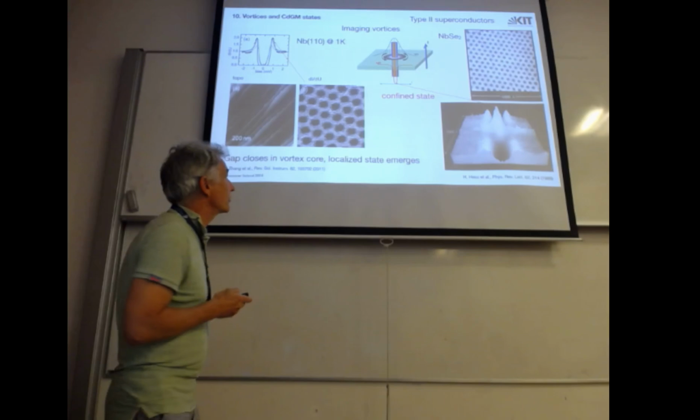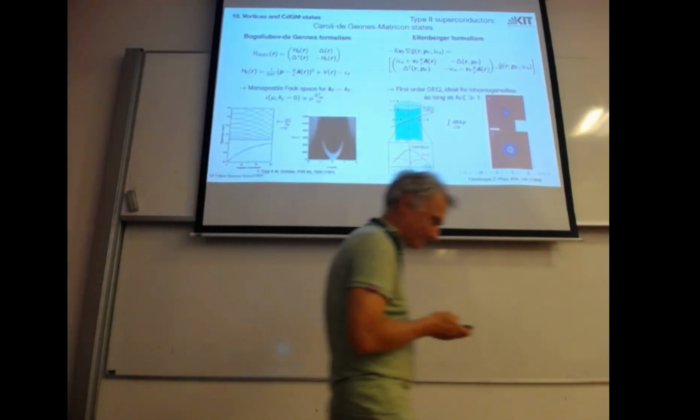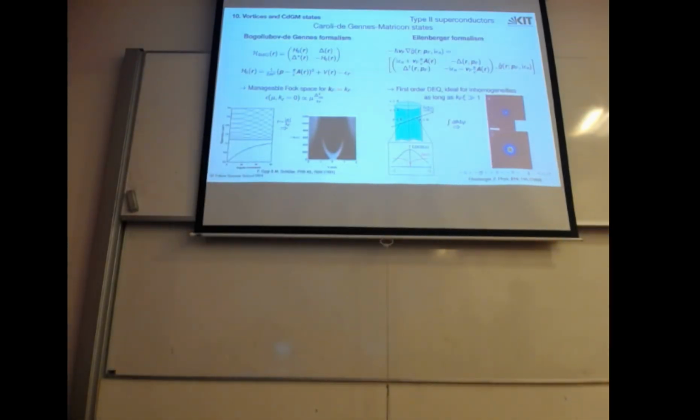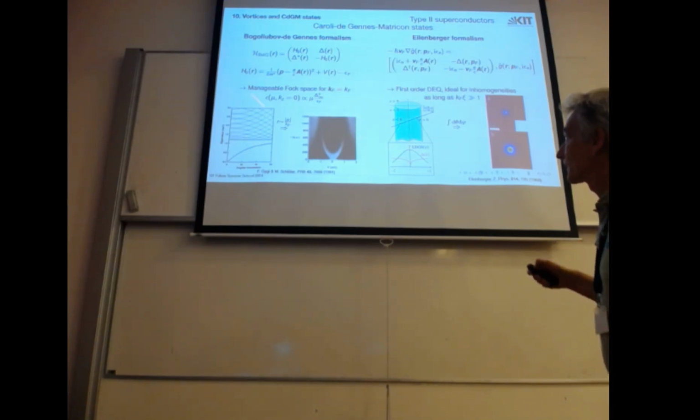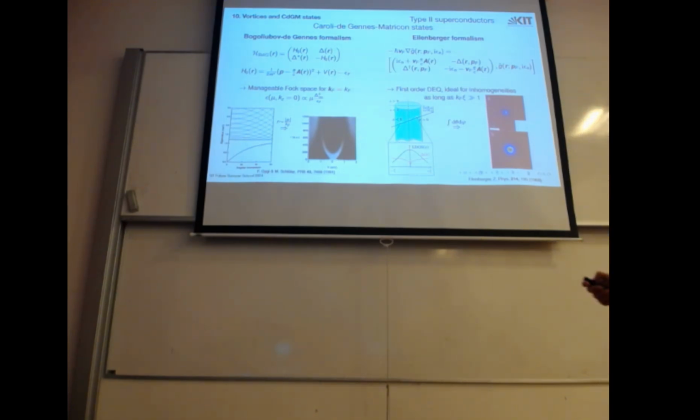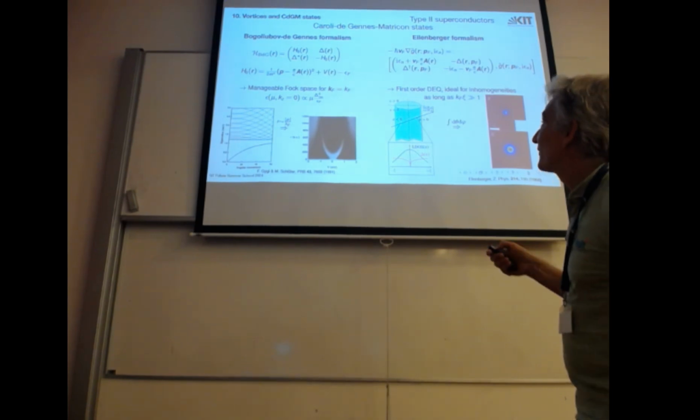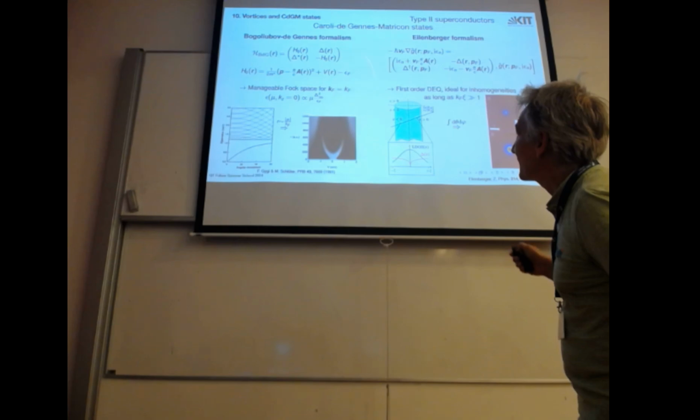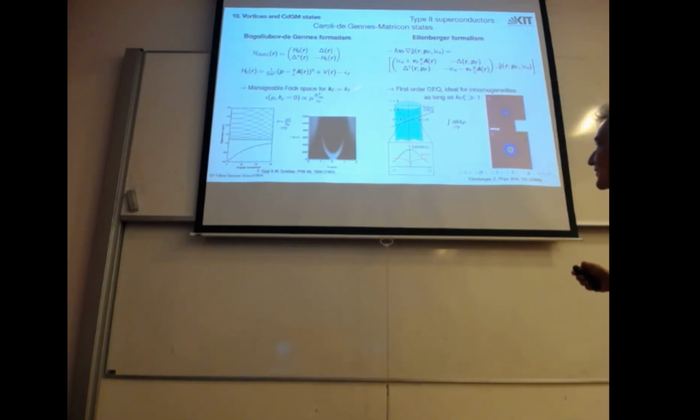And it's actually topologically very interesting. Now forgive me, I have not done this calculation, my students have done this calculation. But in principle, you have to combine electrons and holes with the Bogoliubov-de Gennes formalism of this problem and solve the Schrödinger equation. This is very difficult.